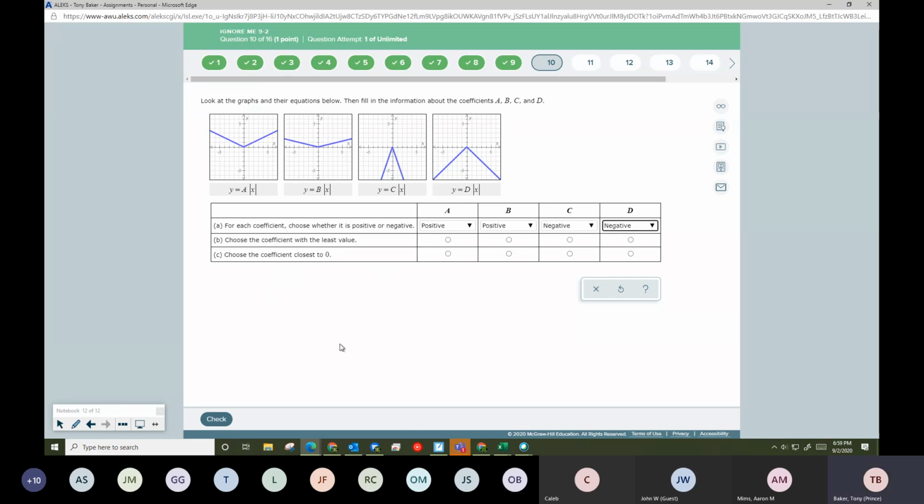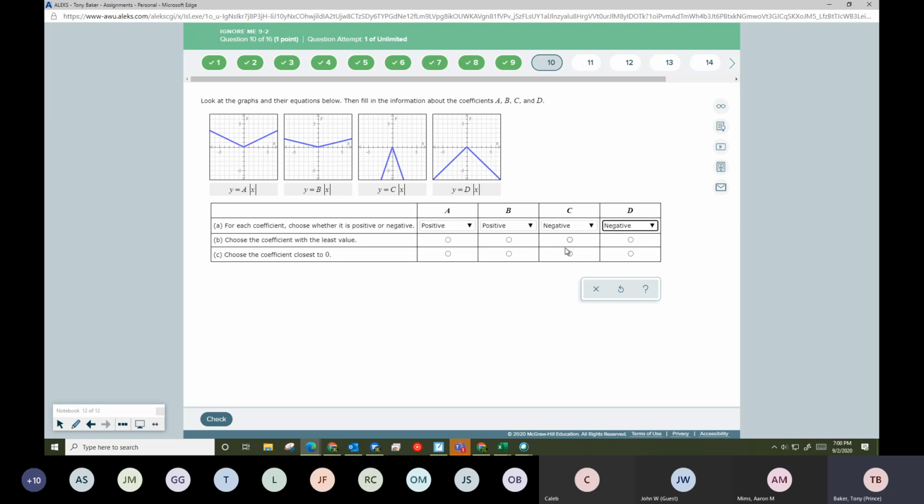The bigger A is, or the bigger the coefficient is, the skinnier the graph is going to be. The closer to 0 A is, the wider the graph is going to be. So where it says the coefficient with the least value, that's going to be the biggest negative value. So that means a skinny graph that's negative.